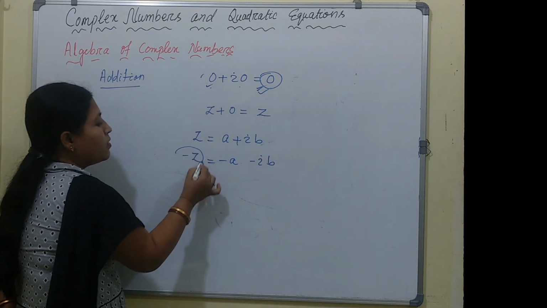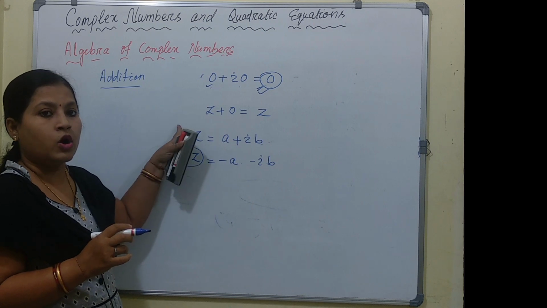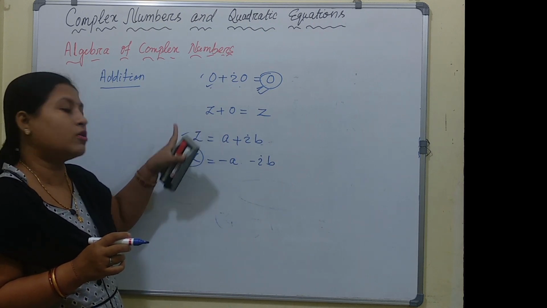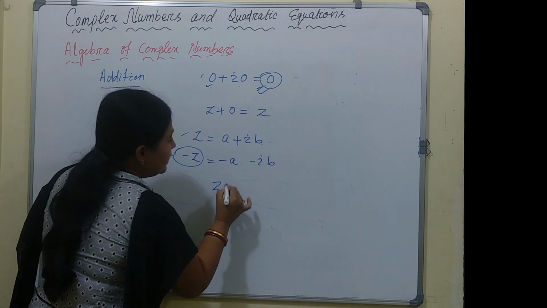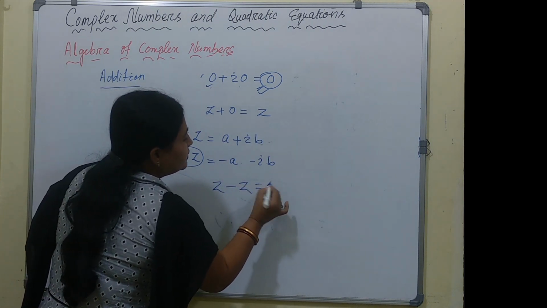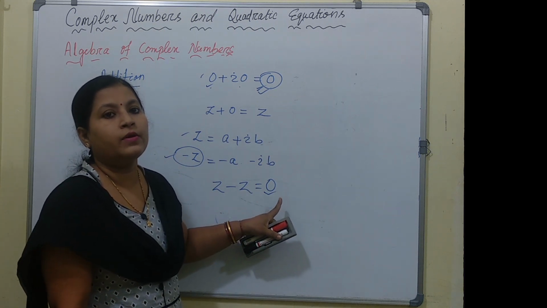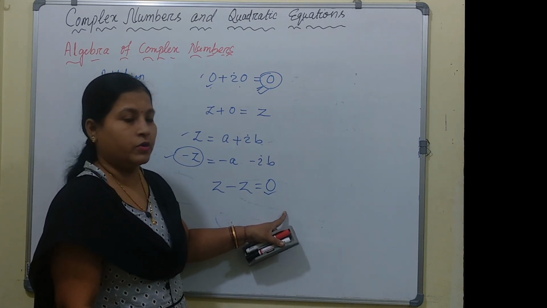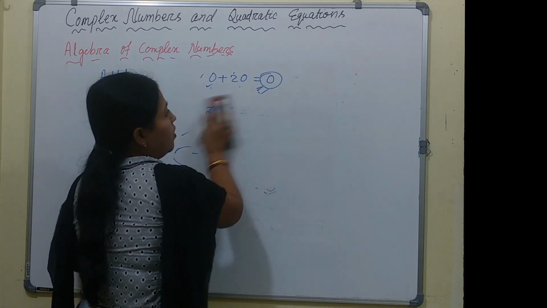So here minus z is called the additive inverse of z, and z is the additive inverse of minus z. That is, z minus z is equal to 0, where 0 is the additive identity of complex numbers. Similarly, we can define the difference of two complex numbers.